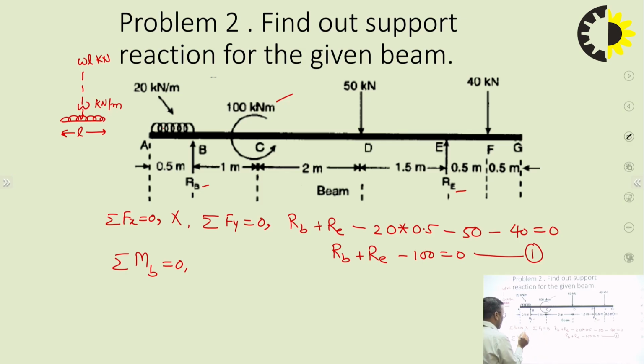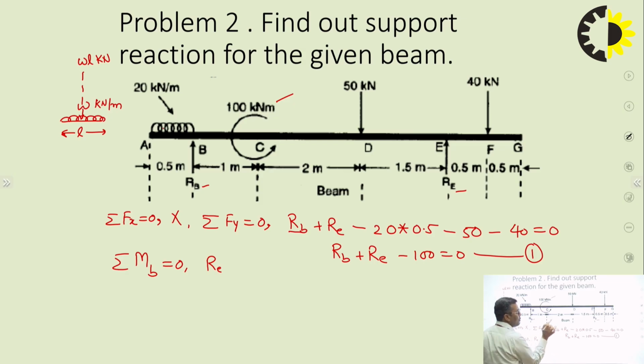Okay. So now I am writing the equation sigma MB equals to 0. Let me start the equation. What are the forces? Moment due to RB is 0. Okay. Moment due to RE. I always suggest my students that whatever loads you have considered in the sigma Fx and Fy equations, please take one by one each and every load so that you are not missing even a single load. So RB I have taken, now RE.